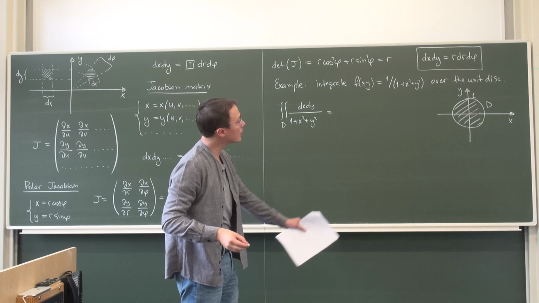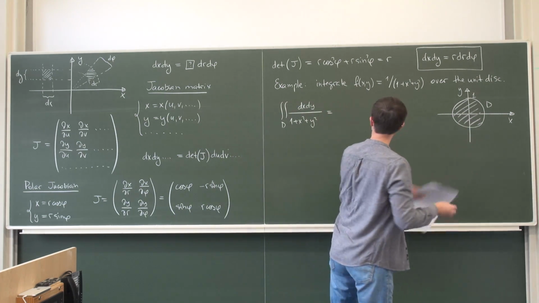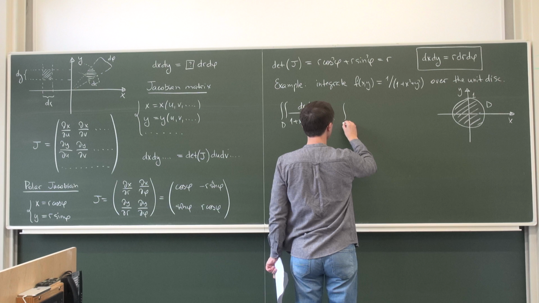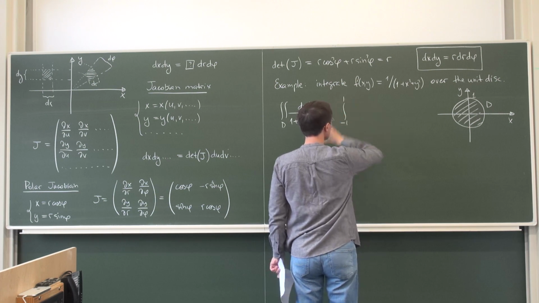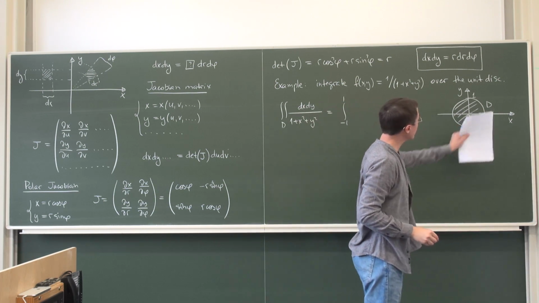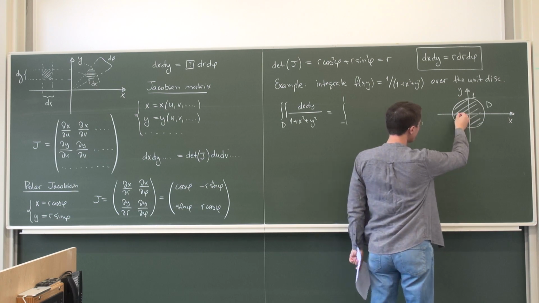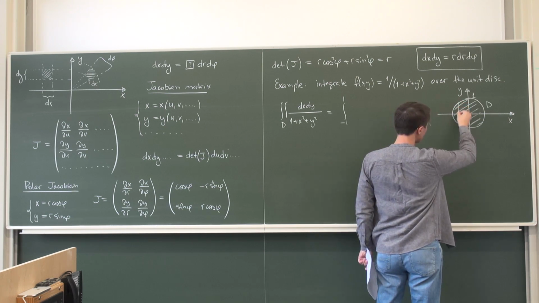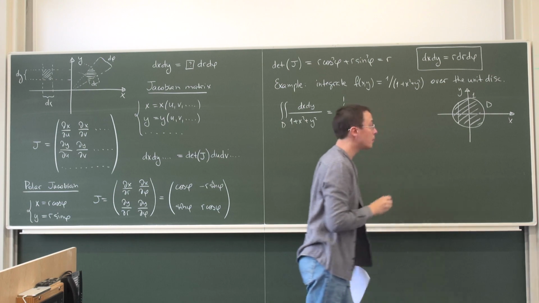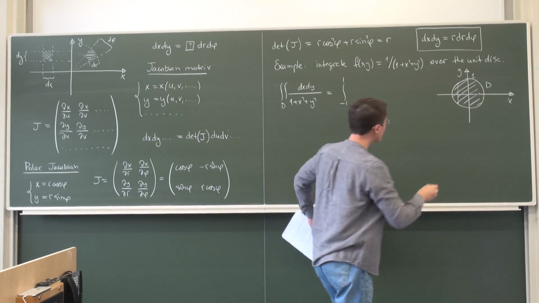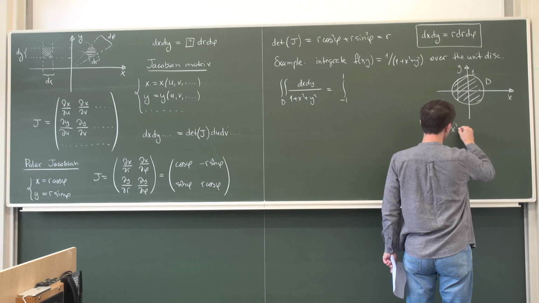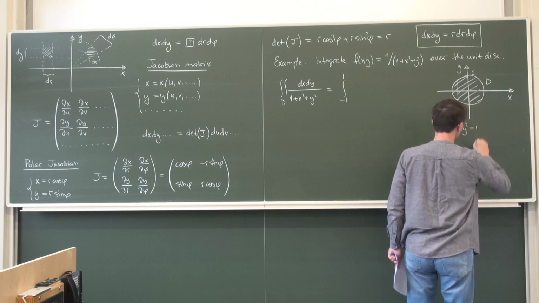Let us take an integral first with respect to x, and it will clearly be from -1 to 1. But then at each x, we will have to integrate from the top of this circle to the bottom of this circle. And this circle is x squared plus y squared equals 1, right?